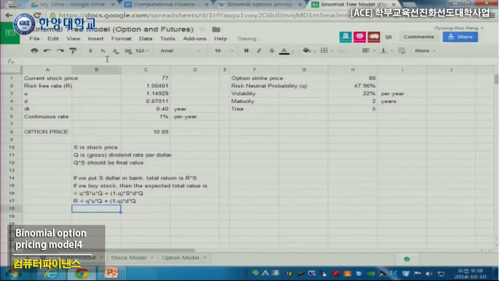And then if we solve this, q becomes (R/Q minus d) divided by (u minus d), right?